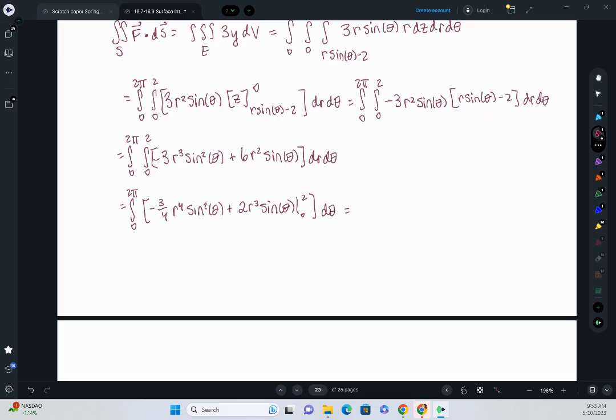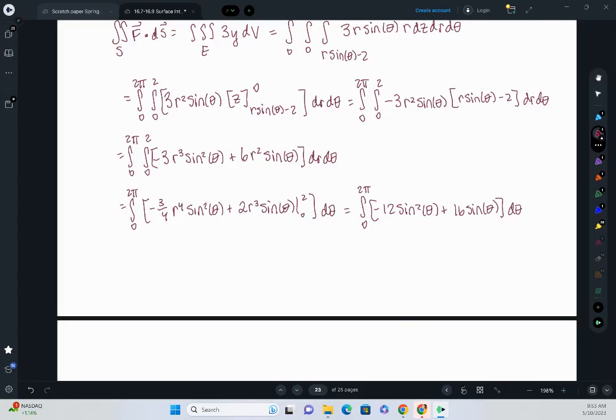So I get, let's see, 16 over 4 is 4, times that negative 3 is going to give me negative 12. So I get 0 to 2 pi, negative 12 sine squared of theta plus 16 sine of theta d theta.